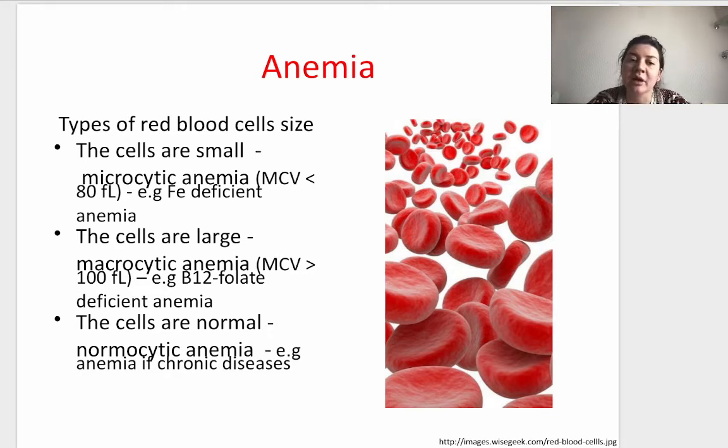When cells are large, we name it macrocytic anemia, with a size more than 100 femtoliters, like in B12 or folate deficiency anemia. And when cells are normal, we name it normocytic anemia. It, for example, can be in anemia of chronic disease.